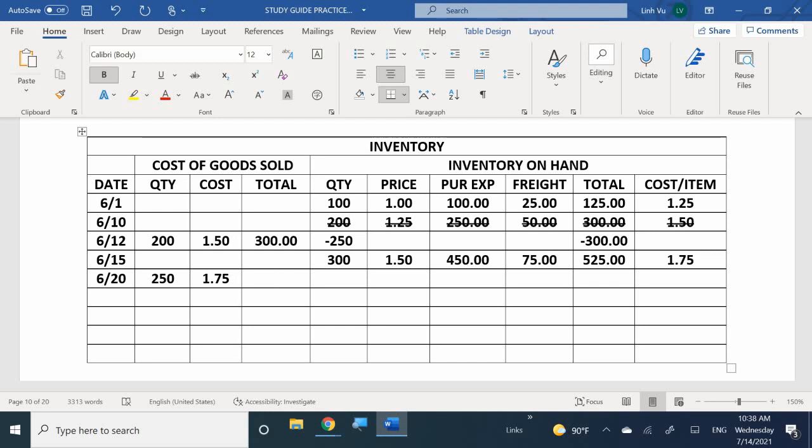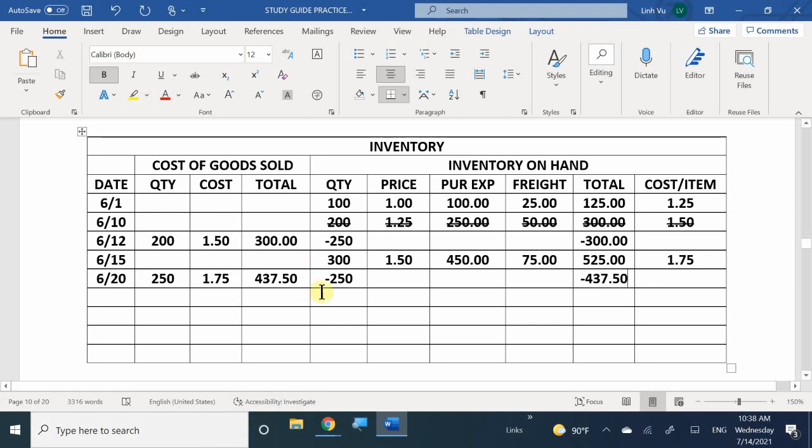Now, let's calculate this. What's 250 times $1.75? 437.50. So therefore, we're going to subtract 250 and take out 437.50.